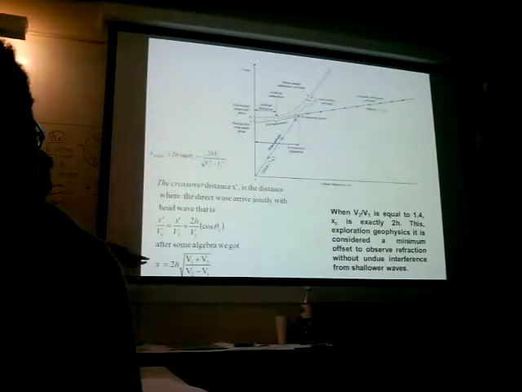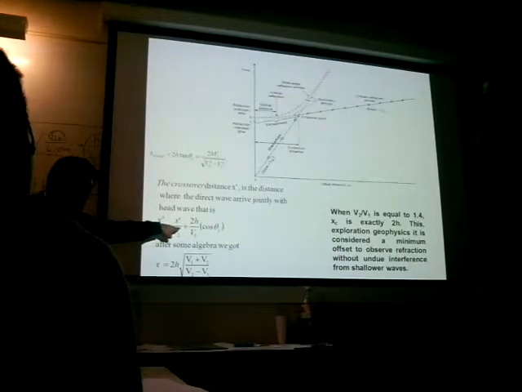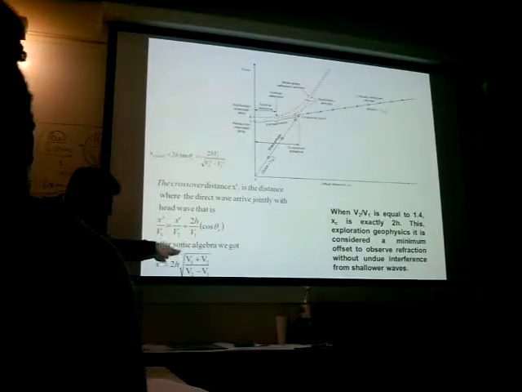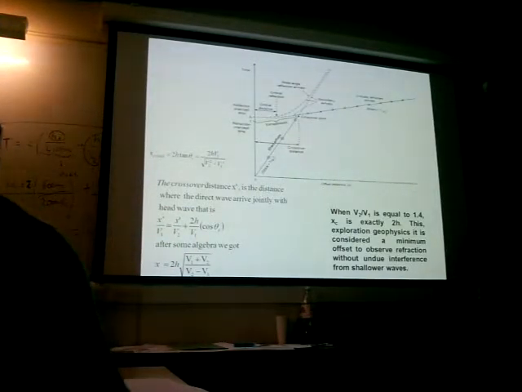You calculate the distance at which the refracted wave arrives exactly at the same time as the direct wave, and you realize that it depends on the ratio between the summation of the first layer and second layer velocities divided by the difference between the first layer and second layer.